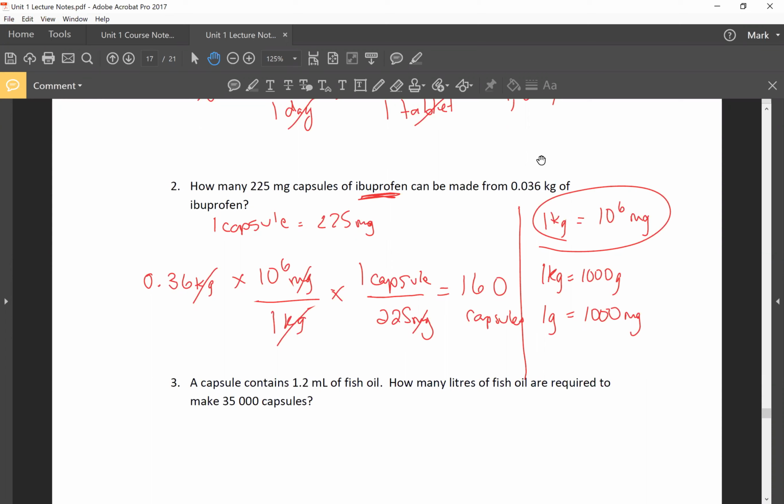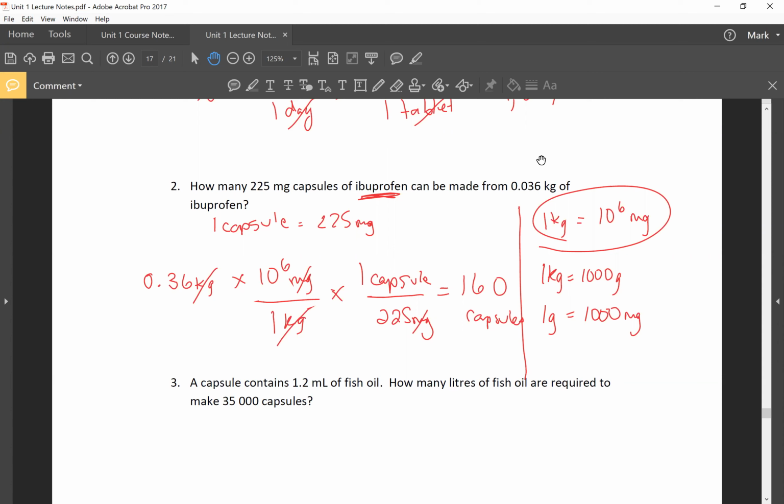And what we're actually converting from here is big to small. Now, again, don't worry about the number. Think about the unit. Think about 1 kilogram versus 1 milligram. We're going from 1 kilogram, a big unit, into milligrams, a much smaller unit. So we will multiply. So Asma, you're correct.